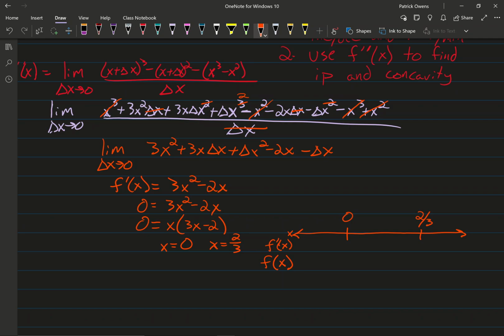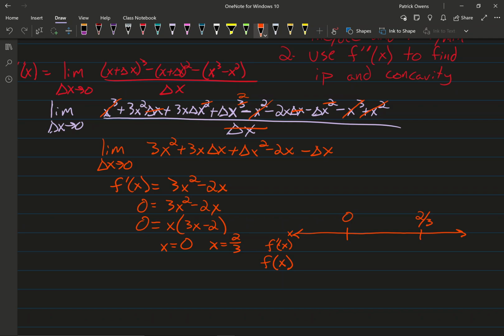When calculating whether an interval is positive or negative, we need to substitute a value in. So for example, we substitute in -1. So we're finding f prime of -1. So we've got 3 times -1 squared minus 2 times -1, which is going to be 3 plus 2 is positive. We pick a number between 0 and 2/3. So we'll say 1/2. So we've got f prime of 1/2.